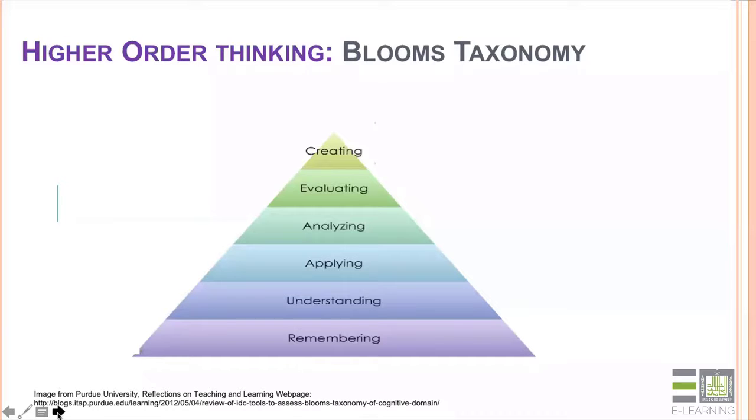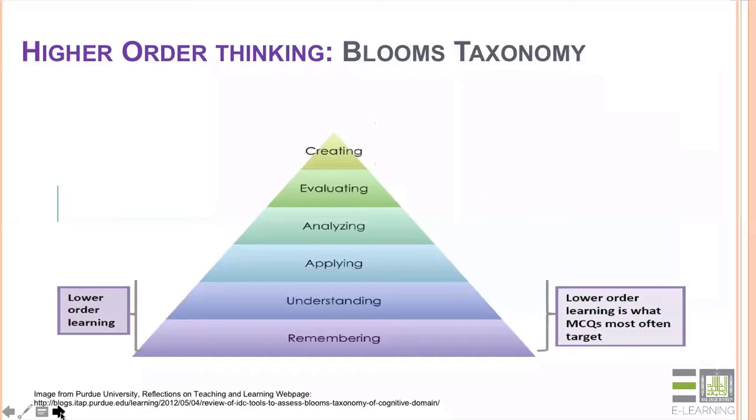But commonly, in practice, Bloom's taxonomy suggests that when we ask students to understand or to recall facts and information, or to interpret the meaning of a principle, that's usually lower order thinking. And commonly, multiple choice questions are normally based within these two categories.